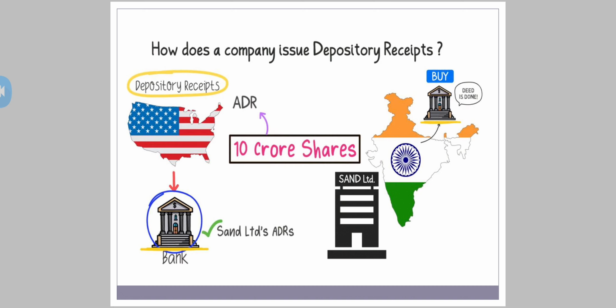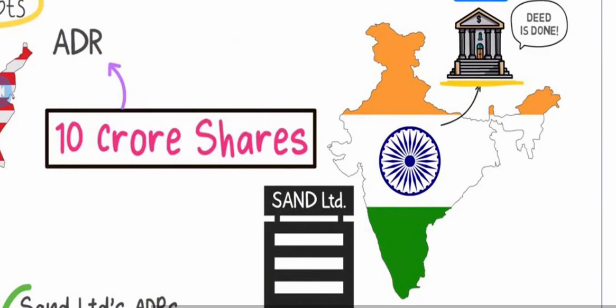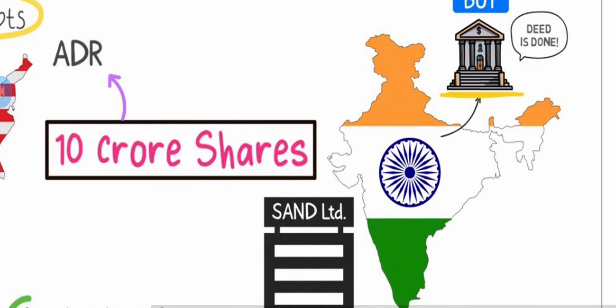So the foreign bank located in India will buy the shares of the Indian company and then inform the main head branch in the foreign country, and then the foreign country branch will try to issue ADR and GDR in that country.